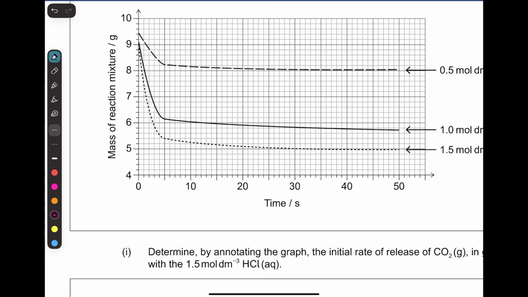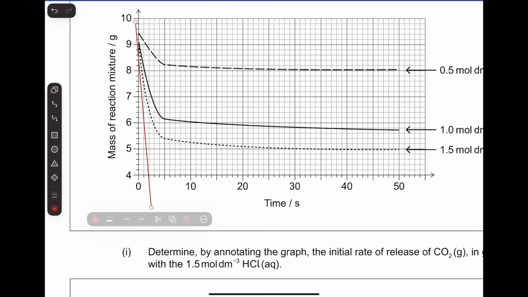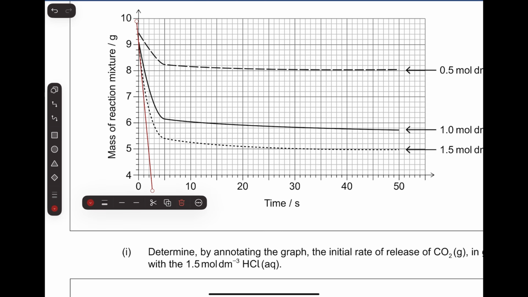So I can just draw a tangent here. You can draw it using a ruler, but I'll use technology here. Yeah, this is approximately the tangent at this point, at t equals 0.